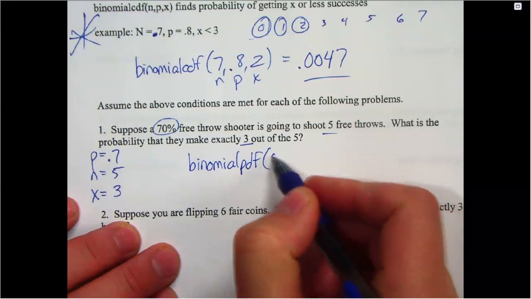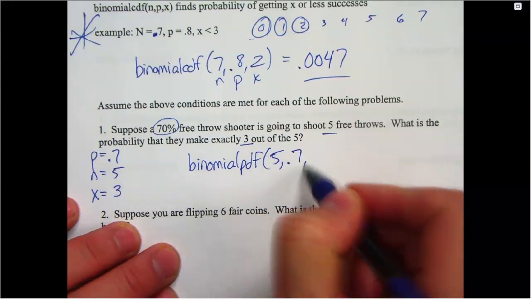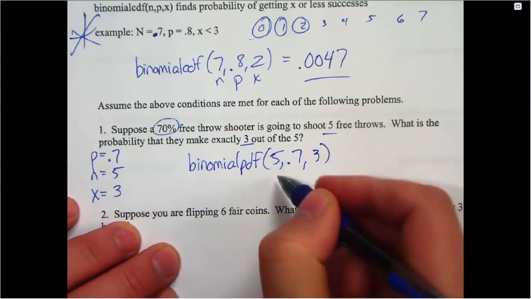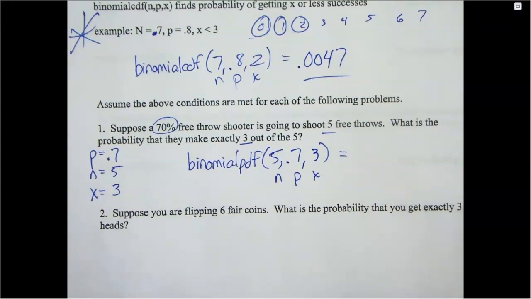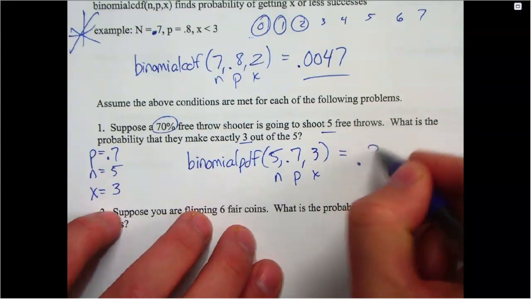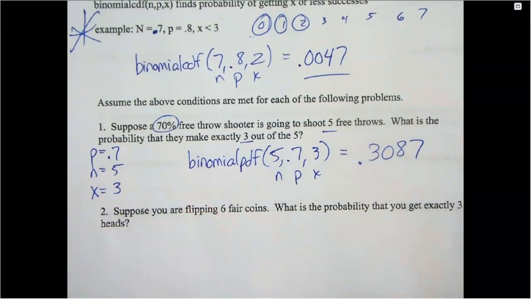And then N is 5, P is 0.7, and X is 3. I'm going to label those, NPX. And then I'm just going to put it in my calculator. So I get 0.3087. Fair enough there. Try 2.